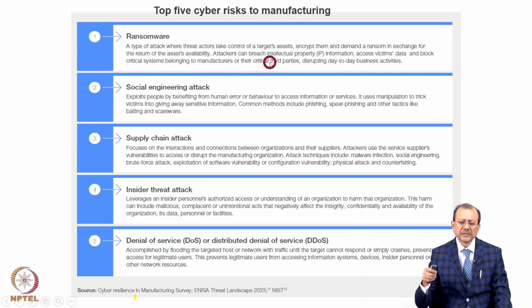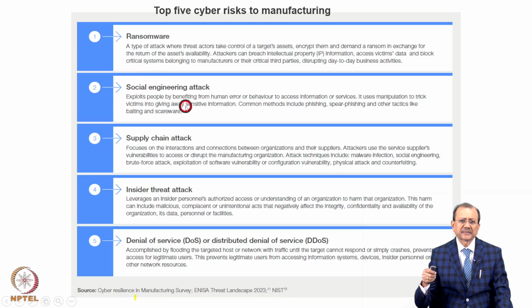Suppose you have a machine, some sensitive databases, or some software running. They will do the ransom attack and try to take control of that. This has happened many times. A few months back, one airline system came under a ransom attack. Somehow it was rescued, and the attack was made to fail.